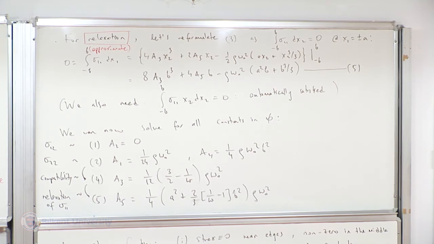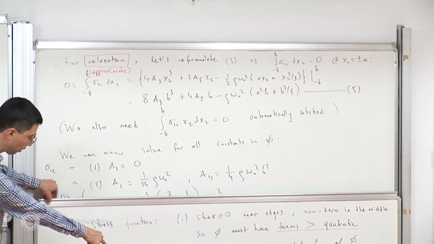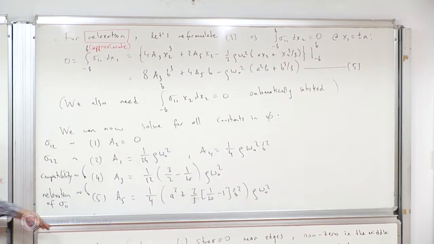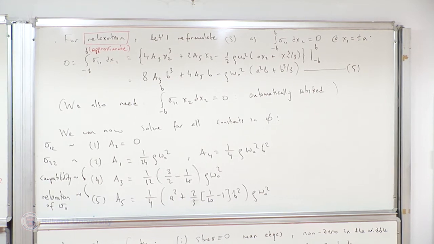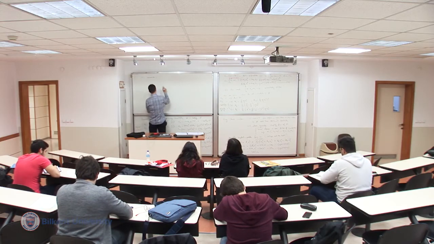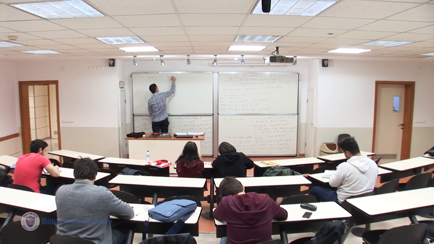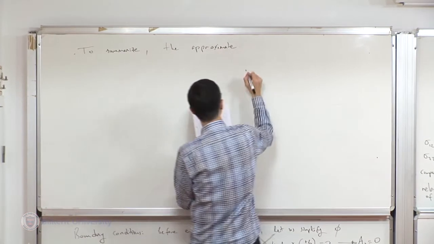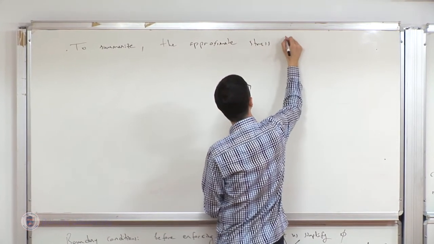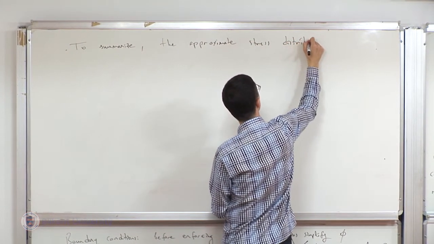Okay. So now I can go and evaluate the stresses. The stresses are here, the blue equations. I'm going to substitute them, simplify them, and write what the final forms are. And I'd like to, I think, erase this board. So that's a summary of where we are so far. We have obtained an approximate stress distribution.